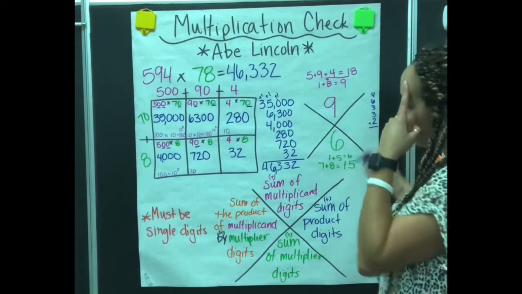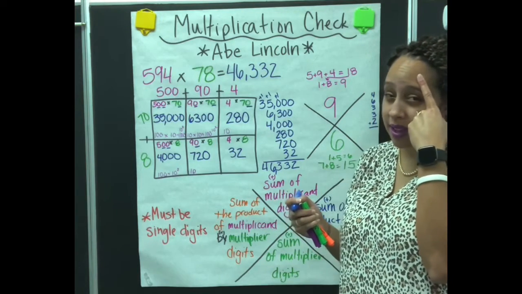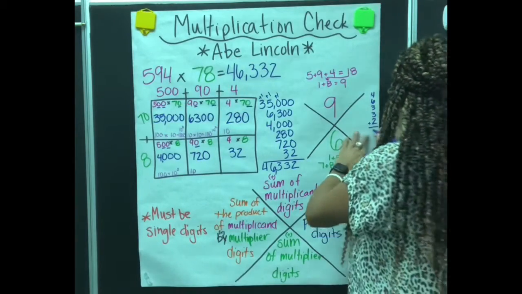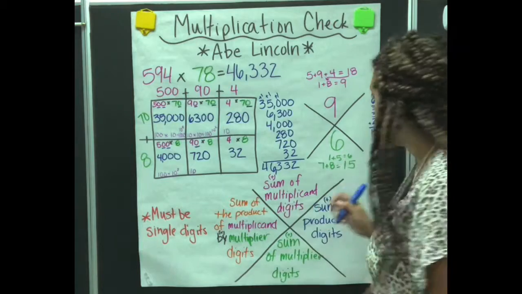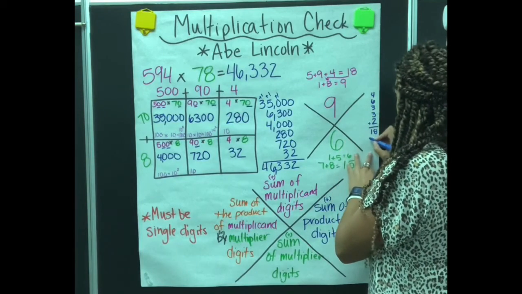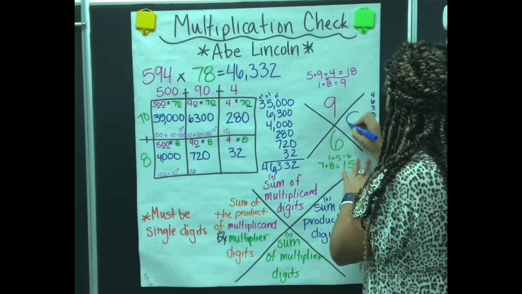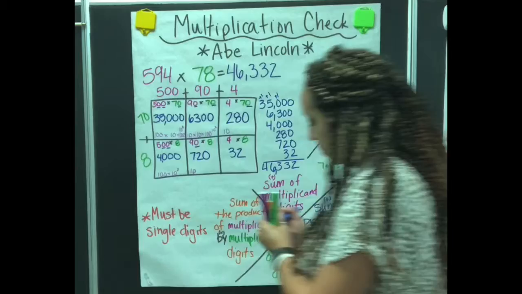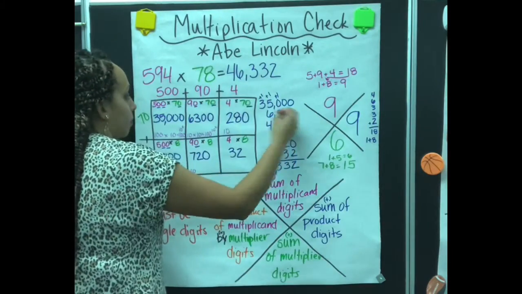And then I'm going to go 3 plus 3 is 6, plus 2 is 8, plus 10 is 18. But I can't have 18. So I'm going to add 1 plus 8, which equals what? 9. Okay? So remember, I just took the digits and added them up.